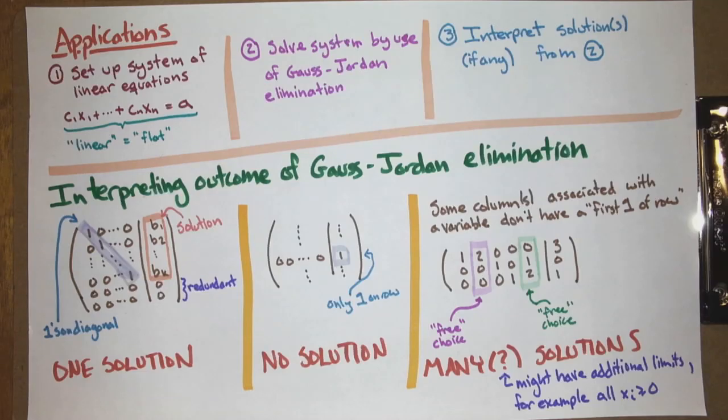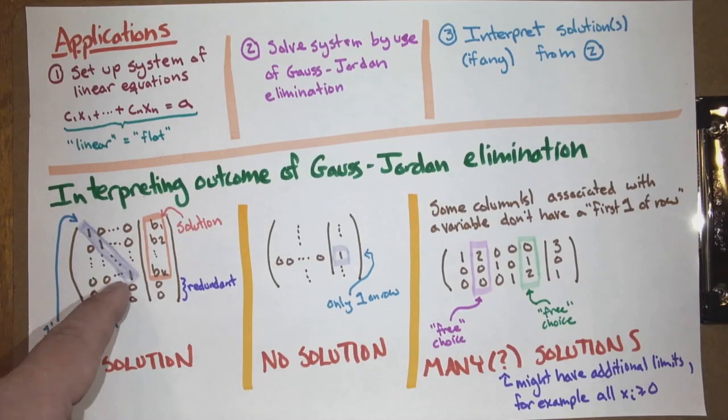From this, we say, aha, we can read off the solutions. The first variable equals b1, the second variable equals b2, all the way to the last variable. It's possible you might have some extra rows of zeros. Those are redundant. But the point is, every single variable has one and only one number associated with it. That's the ideal scenario.